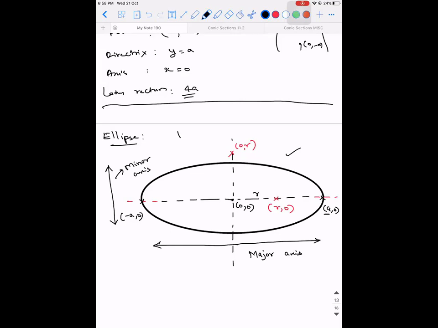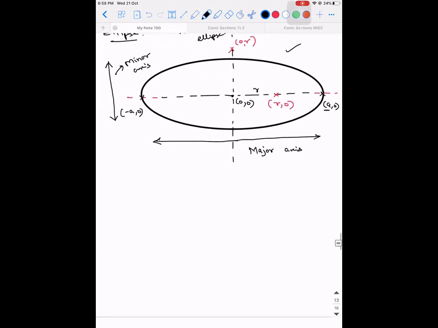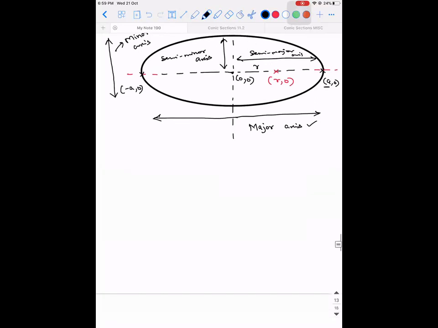So this is a horizontal ellipse, right? Are you guys able to understand? So there is a major axis and minor axis. This distance is called the semi-major axis, and this distance is called the semi-minor axis. Okay.